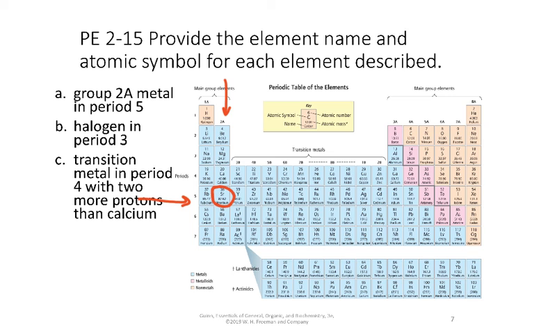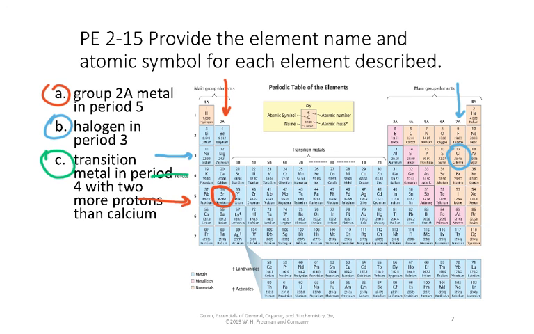A halogen in period 3. Well, you have to know which group the halogens are. If you can remember, halogens are group 7A. It says period 3. So they intersect right here. And then a transition metal in period 4.